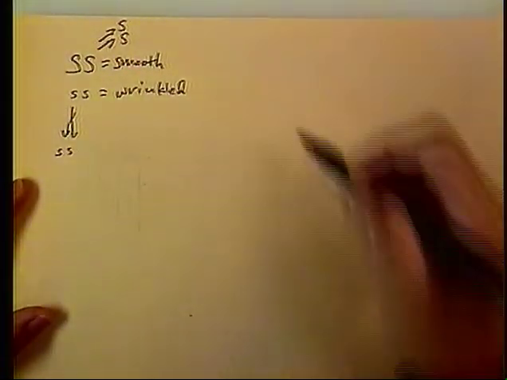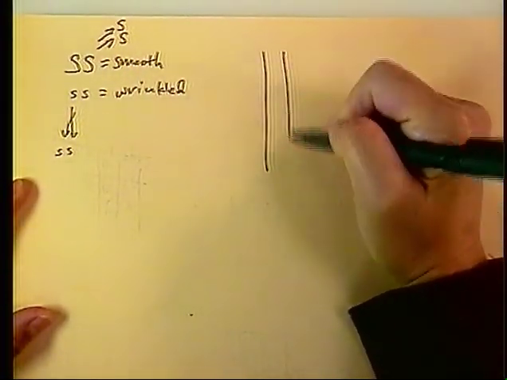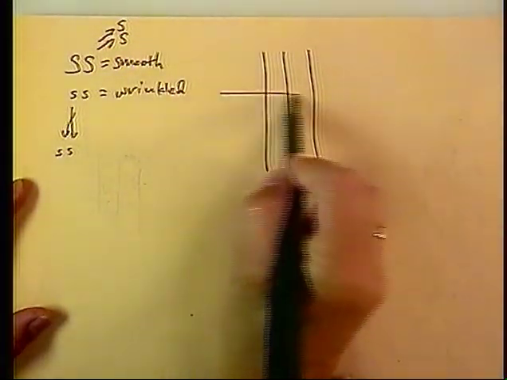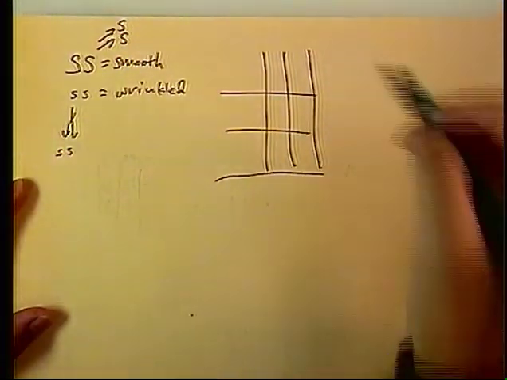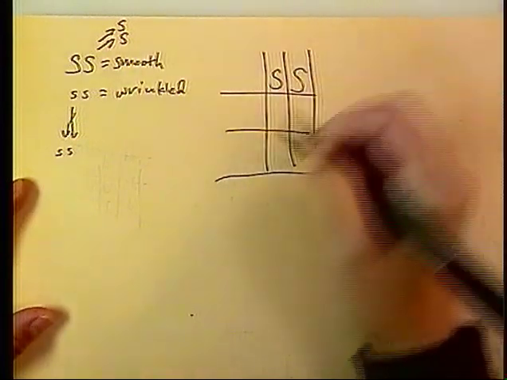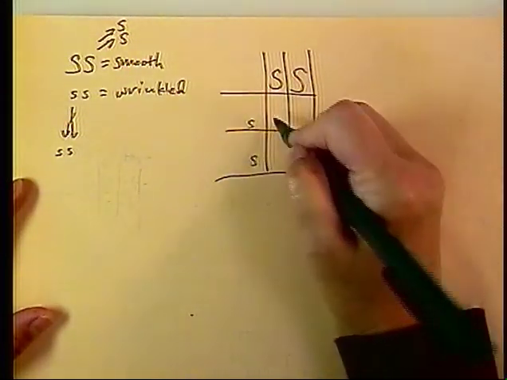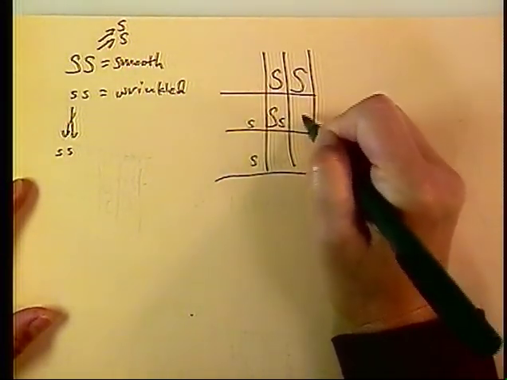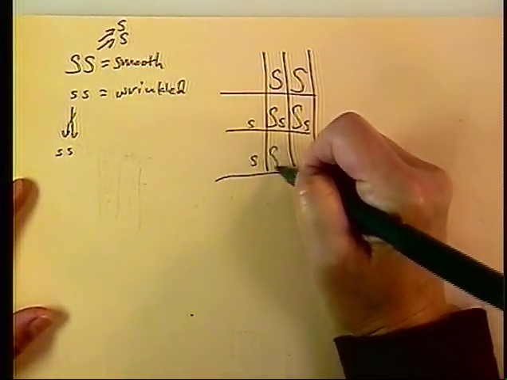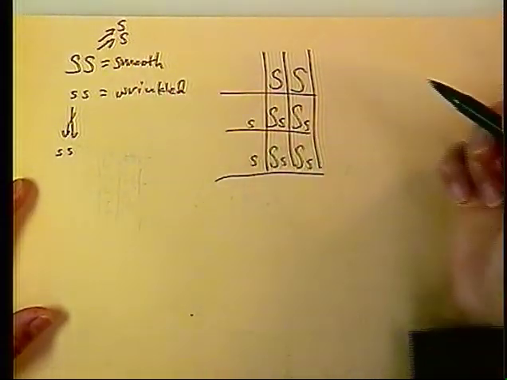So to show how this comes about, how you actually get all those smooth-seeded F1s, you have capital, lowercase, capital, lowercase, so this one and that one.